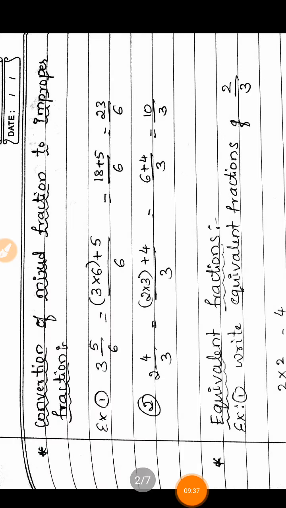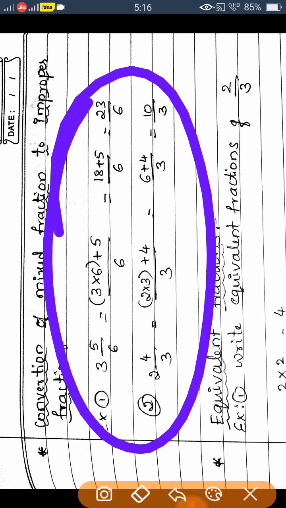So these are the types of fraction: proper fraction, improper fraction, mixed fraction. Now go for the conversion of mixed fraction to improper fraction. Just now I said how to find the mixed fraction from the improper fraction. It is now reverse. Why do we have to learn this process? Whenever you are adding or subtracting fractions, it is very necessary.